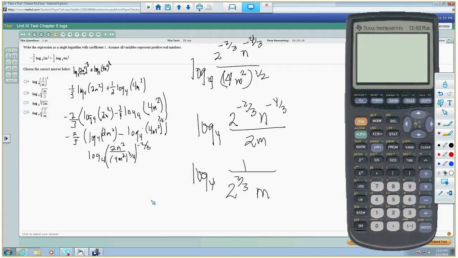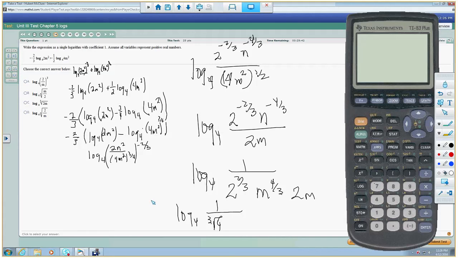M. And that's negative 4/3, would be 4/3 times 2m. And that's exponent over index. So log base 4 of 1 over, that's going to be the cube root of 4. Right? 2 squared is 4 and the cube root.